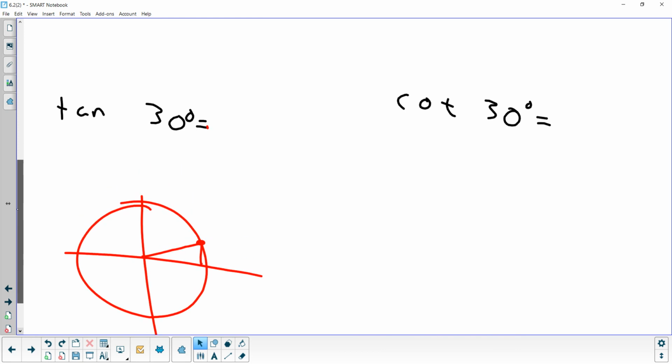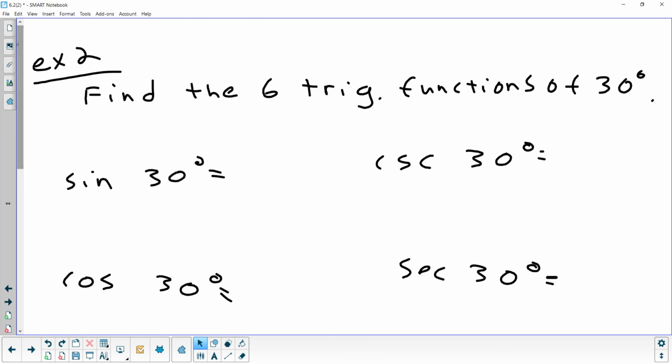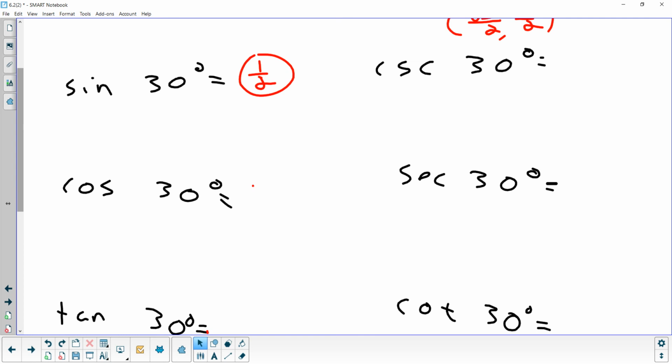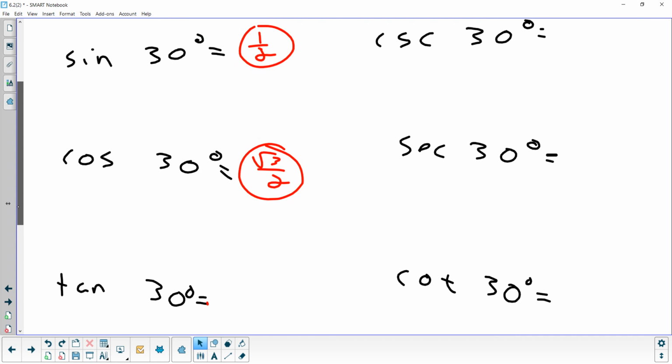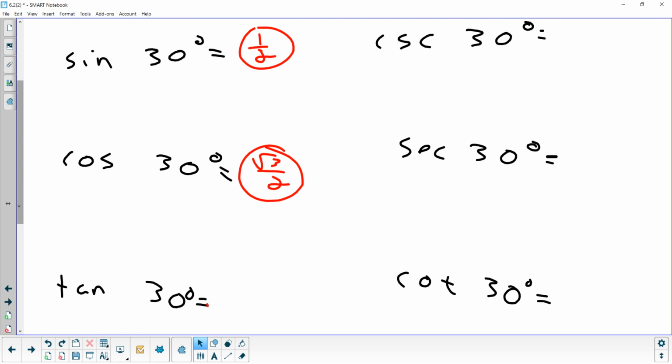Square root 3 over 2, 1/2. And now we can go through our trig functions. John, what's the sine? 1/2. Caleb, the cosine? Square root of 3 over 2. Madison, my tangent. 1/2 over square root 3 over 2. And when you divide those, what cancels out?